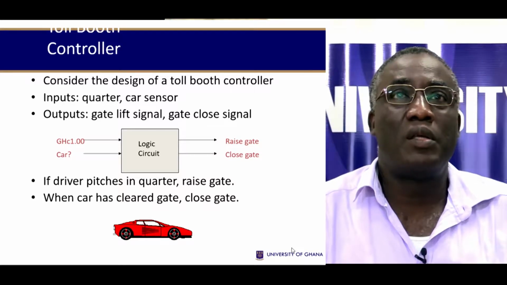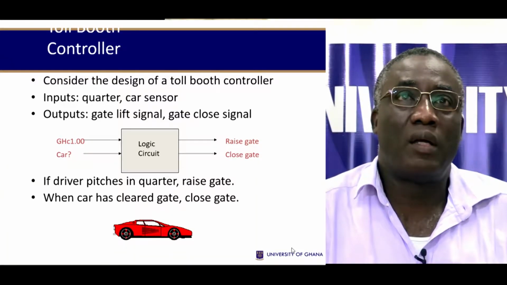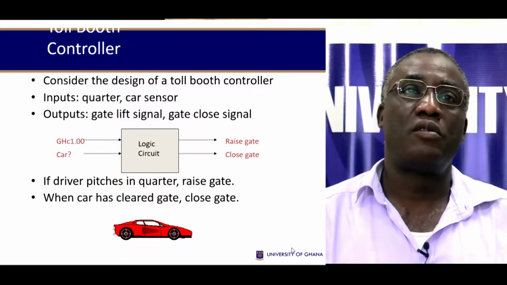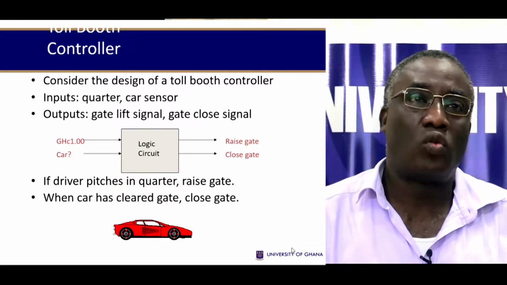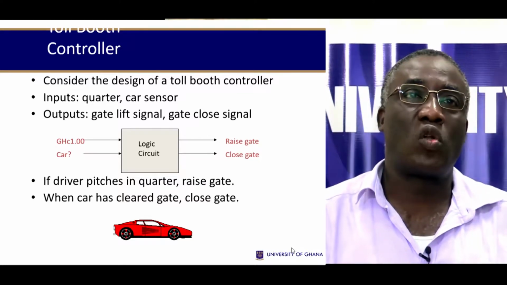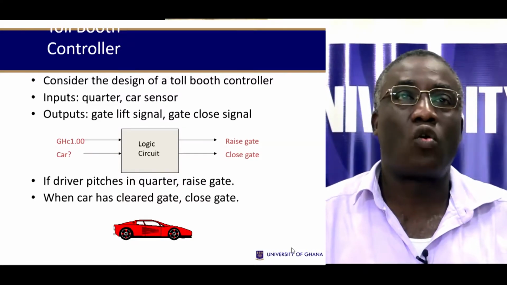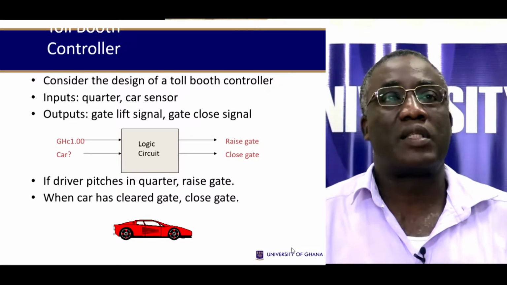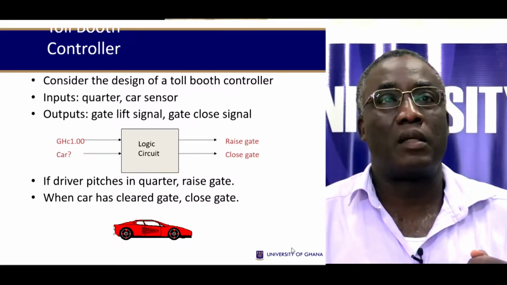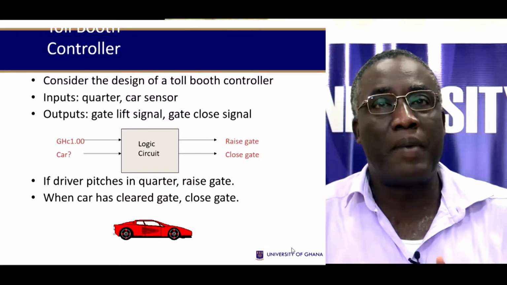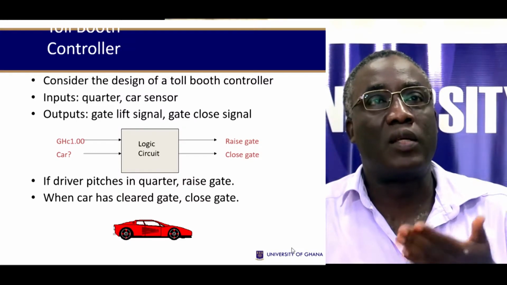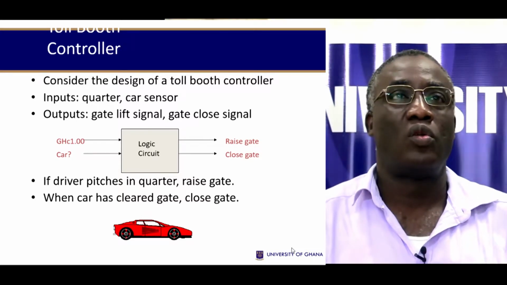So you have a toll booth controller where there's a barrier gate, on let's say a toll road, where you slot in some money, let's say a 1 cedi Ghana coin, and if you slot in this thing, the bar will rise to allow your car to go, and then the gate will close after you.